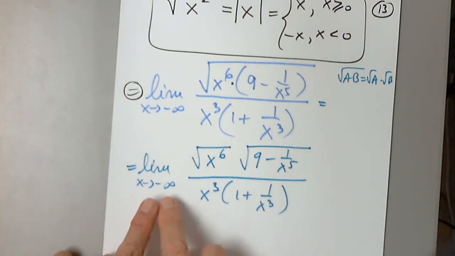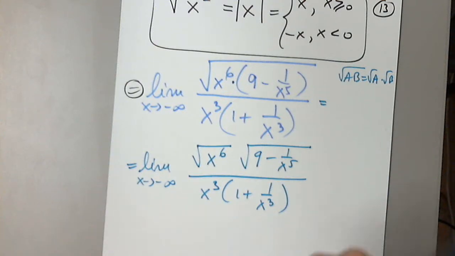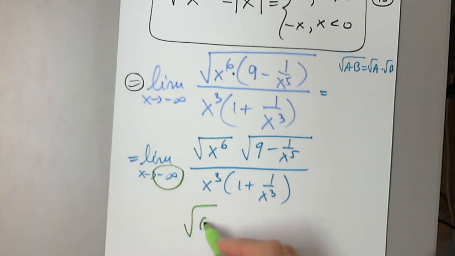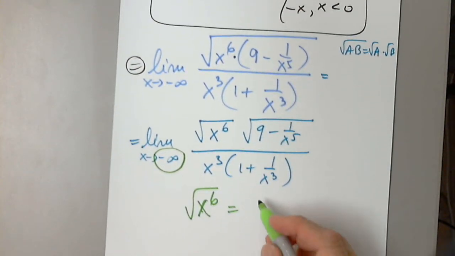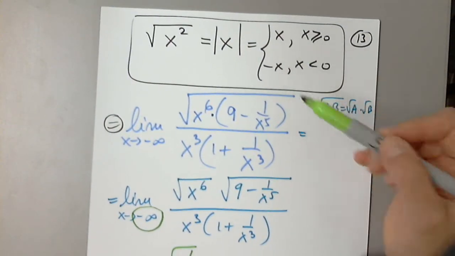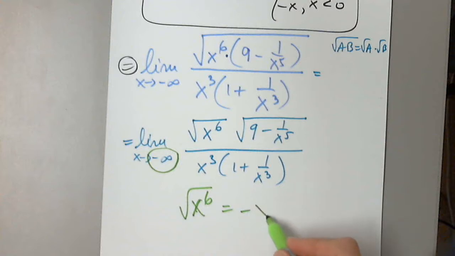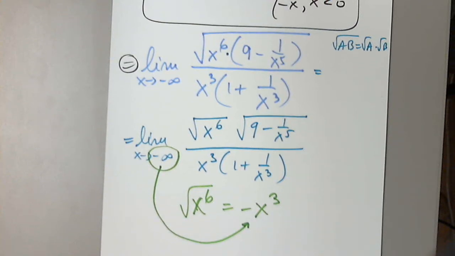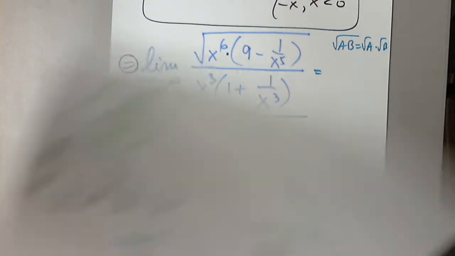But x to the third could be positive or negative. But now I'm looking here. x approaches negative infinity. So then the square root of x to the sixth will equal the positive x cubed or the negative x cubed. Very good. The negative x cubed because of this. Awesome.